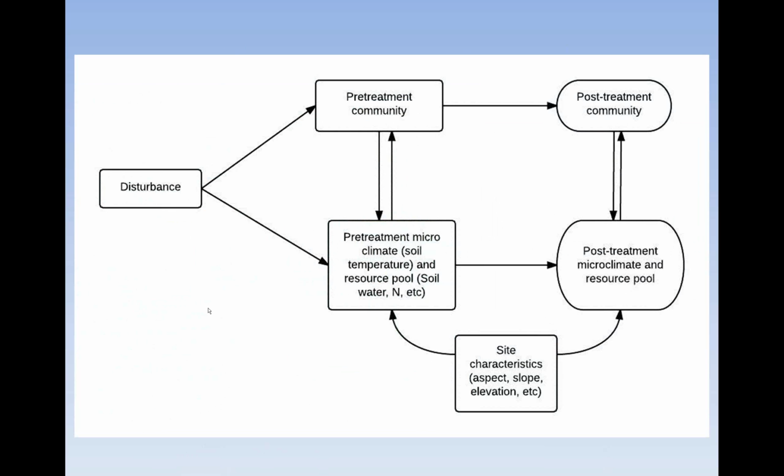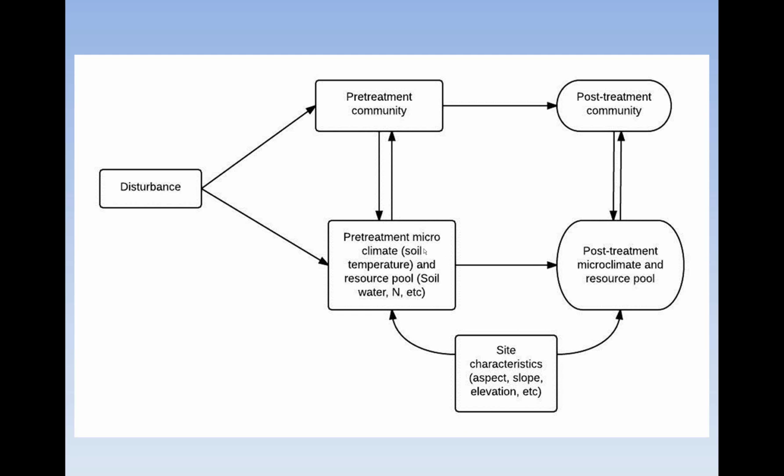So if you look at disturbance, it directly impacts the pretreatment community. For example, a fire will take out the shrubs and generally leave the perennial grasses. A mechanical treatment will leave the shrubs and perennial grasses and take out the trees. Fire takes out the trees also. But this disturbance also can affect the microclimate and the resource pool, which is also affected by site characteristics like elevation, aspect, slope, growing season, precipitation, seasonal precipitation.